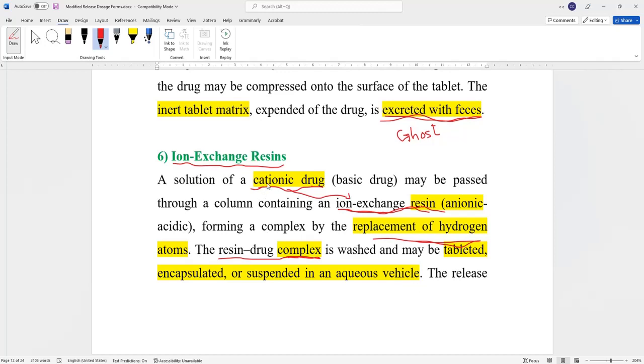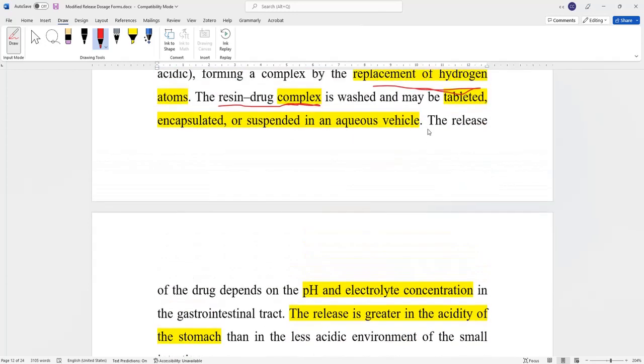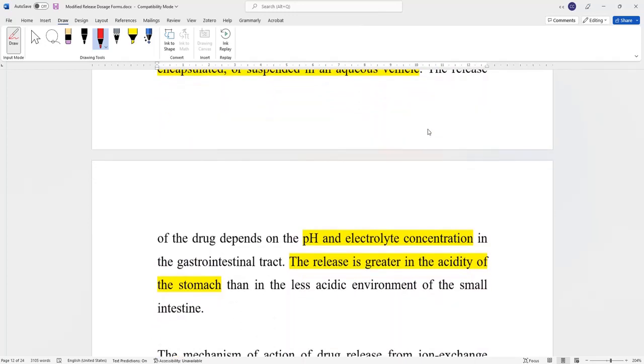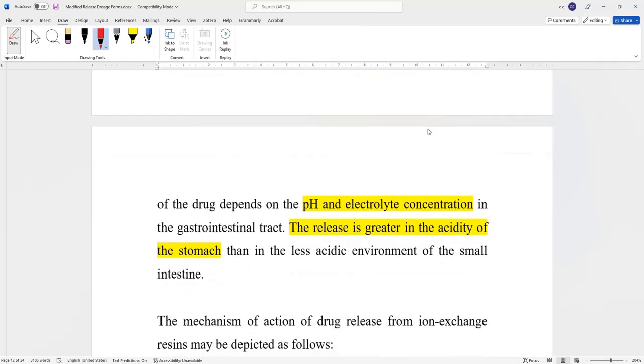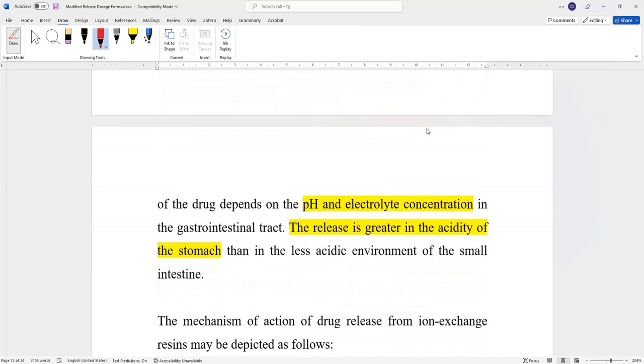So it can be a cationic drug and an anionic resin, or an anionic drug and a cationic resin. Then when it goes to the GIT, whether the stomach or the intestine, a reaction will happen and the drug will be released from this resin.